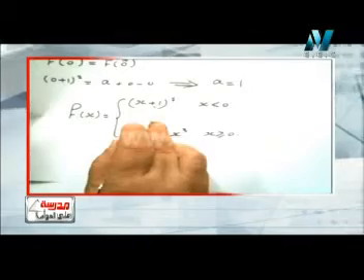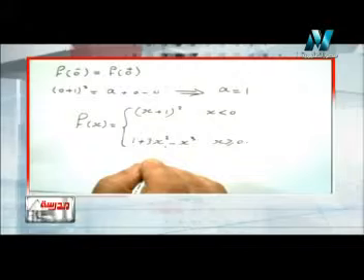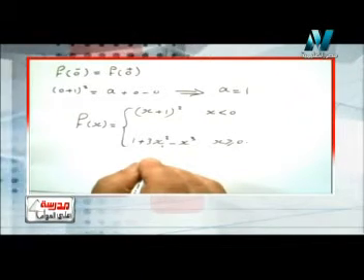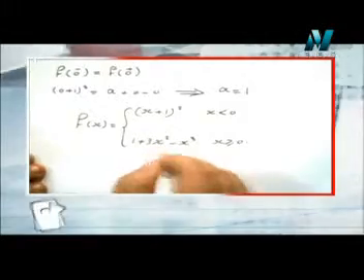At x equal negative 3, negative 3 plus 1 is negative 2, squared is 4. At 4, 4 square is 16, 1 plus 48 is 49, minus 64, it is negative 15.